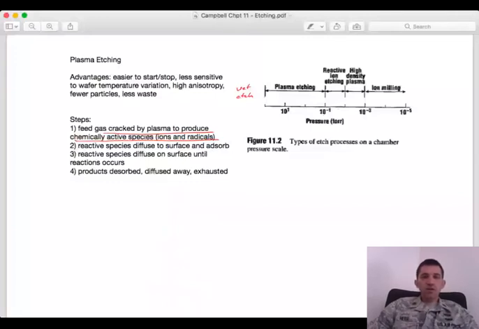So we have a mixture of HF, nitric, so hydrofluoric acid, nitric acid, and then acetic acid. So there's sort of this acid cocktail that is used, and the etch rate can be tailored by mixing the proportions of those various acids.